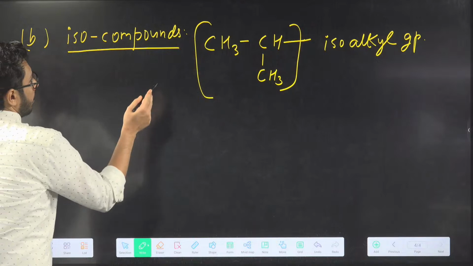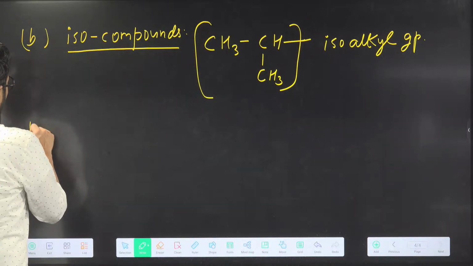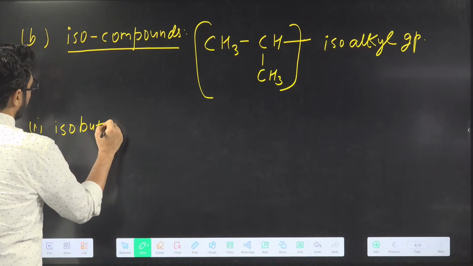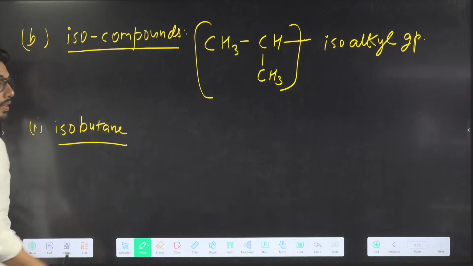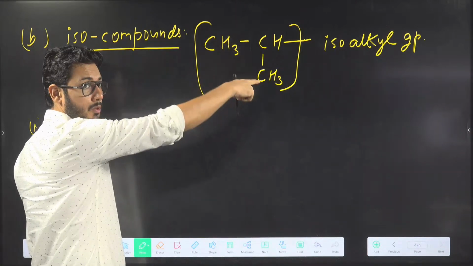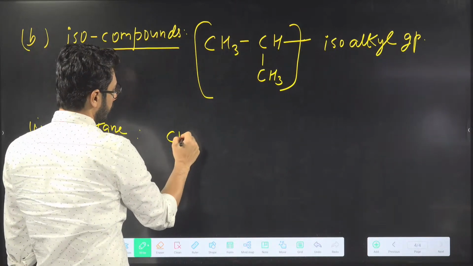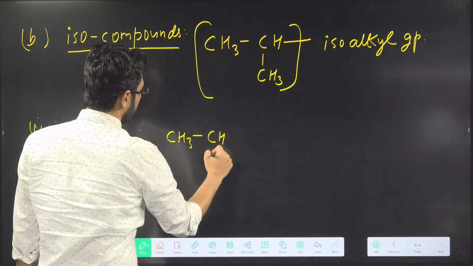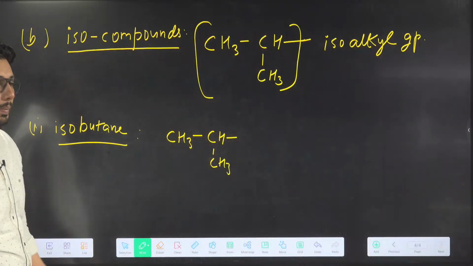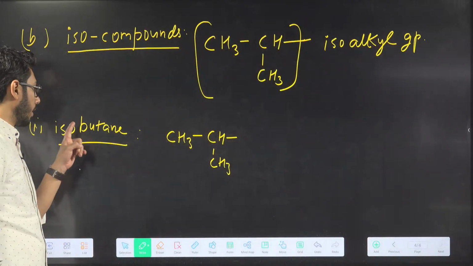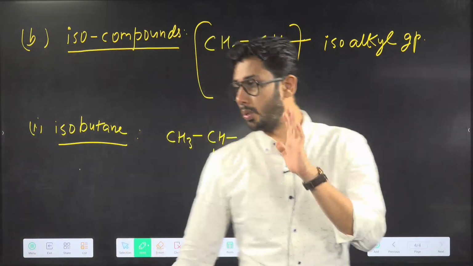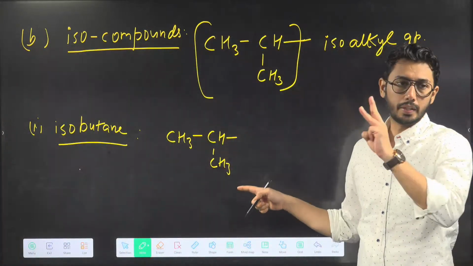So example I'll give you, understand better. If it is isobutane, so you will write firstly this arrangement: CH3 CH CH3. Okay? Then further you can increase the carbon chain depending upon the question. In the question, butane is given. Butane means 4 carbon. So here how many carbon completed? 3.